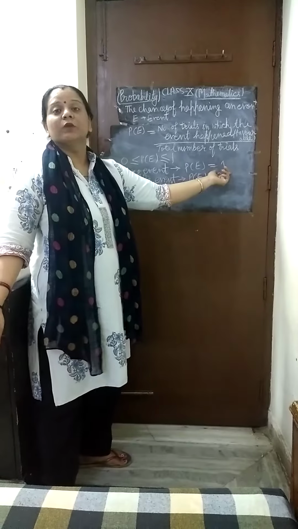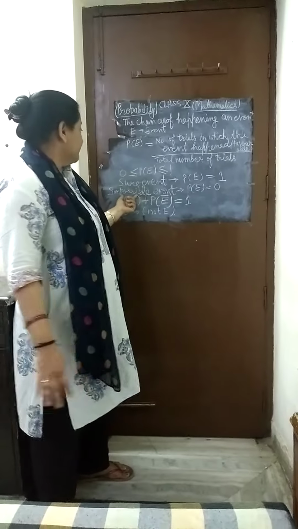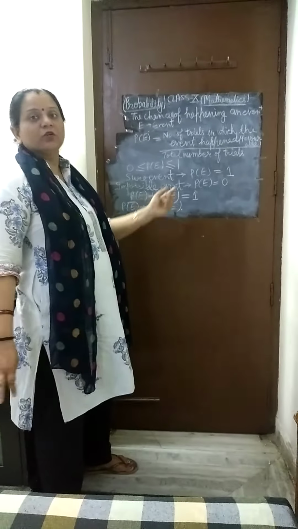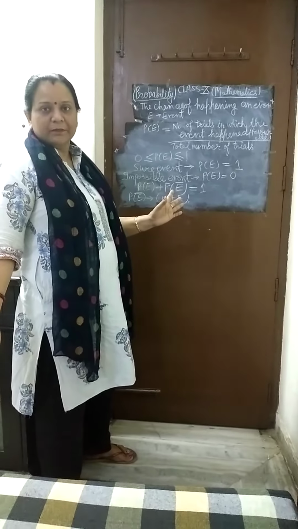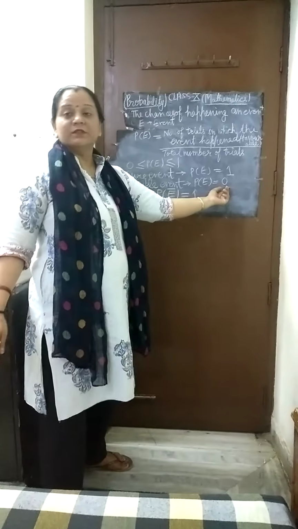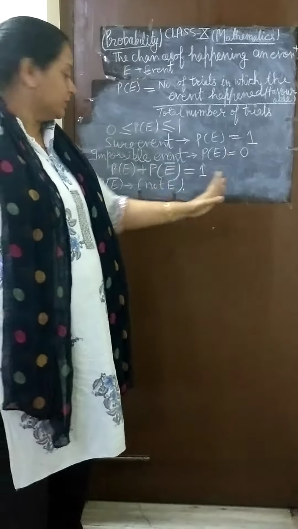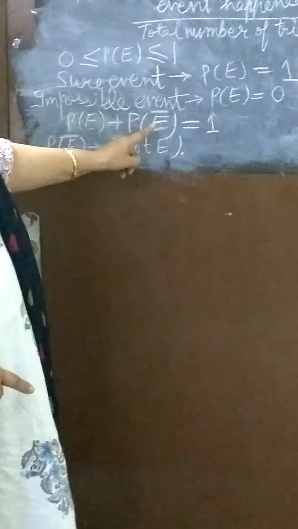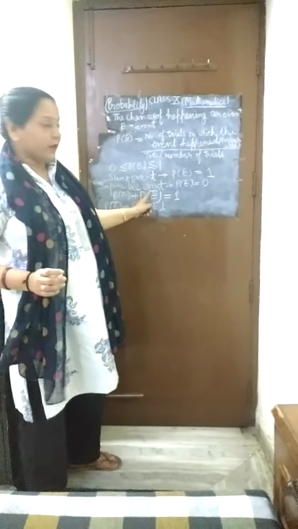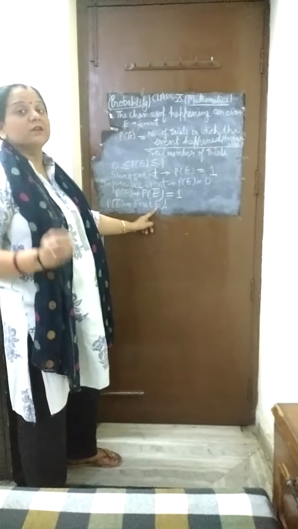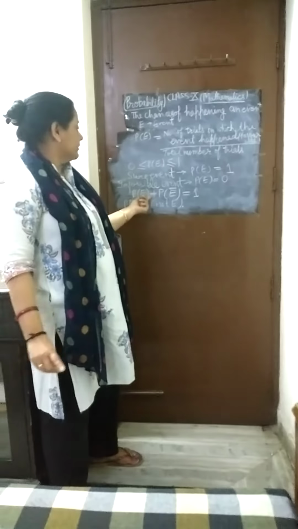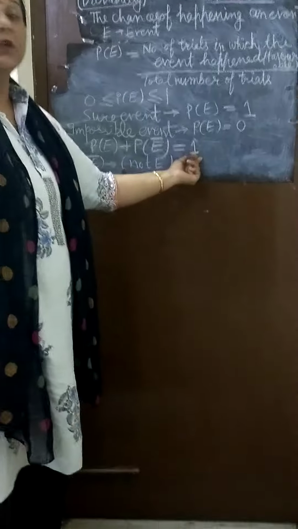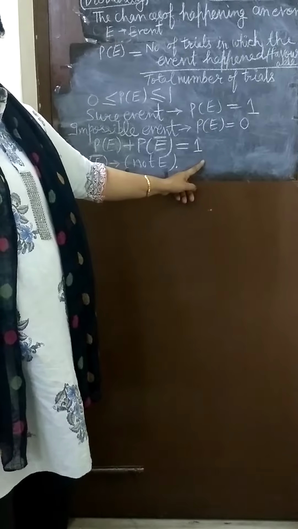Then probability is 1. Okay. Now an impossible event, there are no favorable chances of happening that, then the probability's value is 0, isn't it? Now the sum of the probabilities of happening and not happening, there is a bar over here, and the bar represents not getting the event. So probability of happening plus probability of not happening that event equals 1. Done?